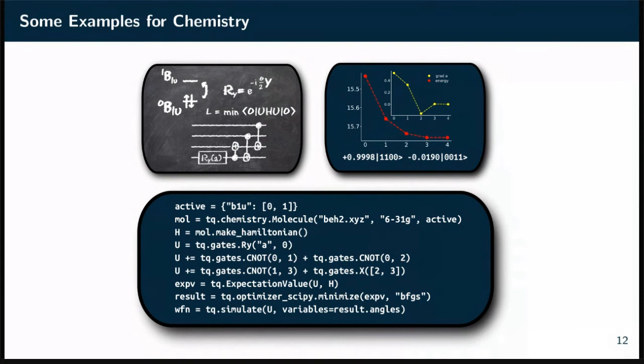This B1U is just a label which labels irreducible groups of the underlying point group symmetry. If you're not familiar with this, you can just completely ignore it. It's just an abstract label for those orbitals. And you can pick them out. So for example, you could look at the energies of these orbitals and just use those labels to pick the two you want.